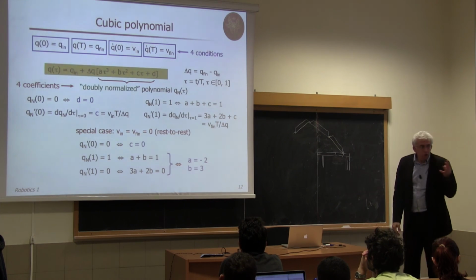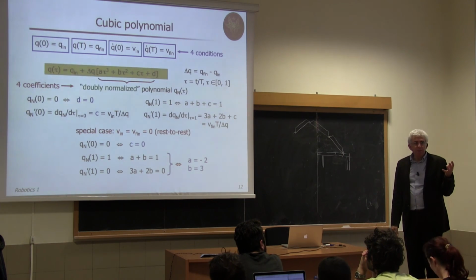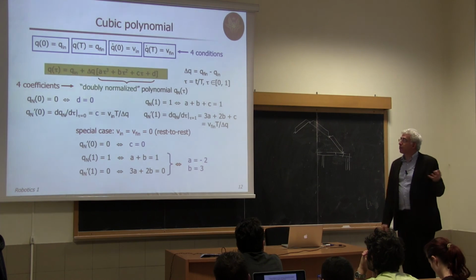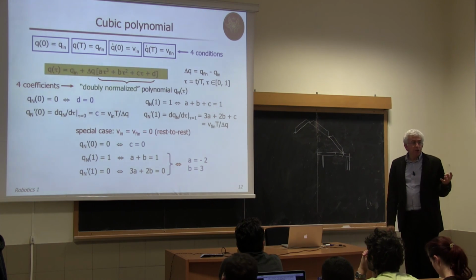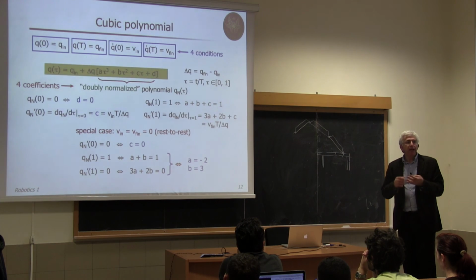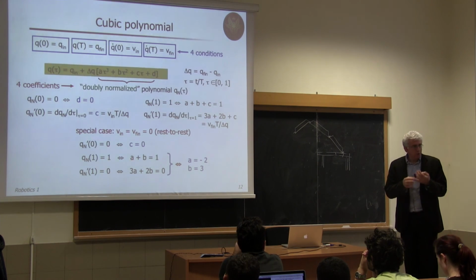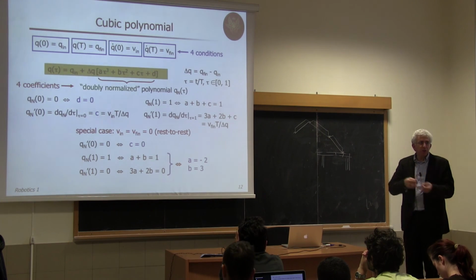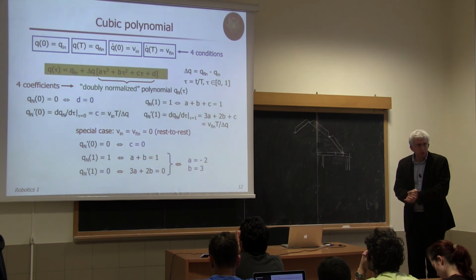So I have 4 conditions to be imposed, and if I choose a cubic polynomial in time, in this case it has 4 coefficients because of degree 0, 1, 2, and 3. So I have enough coefficients to impose my boundary conditions.